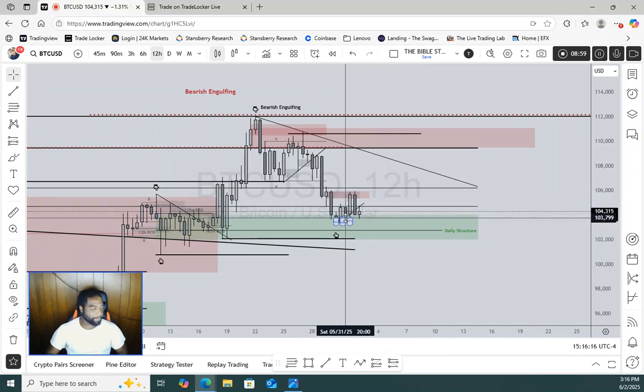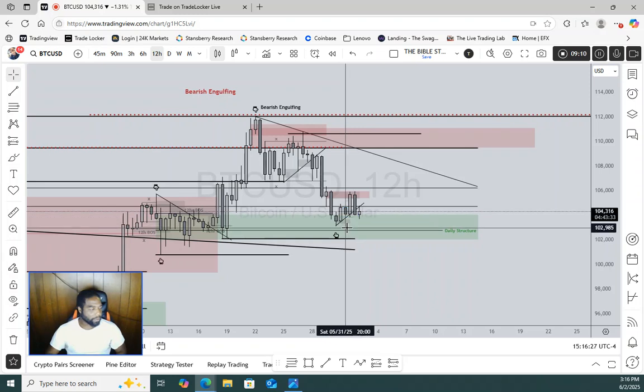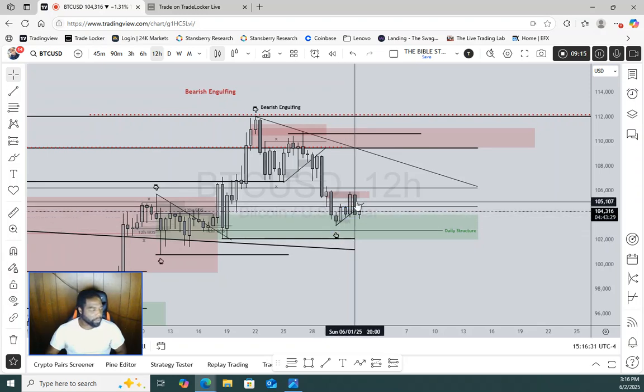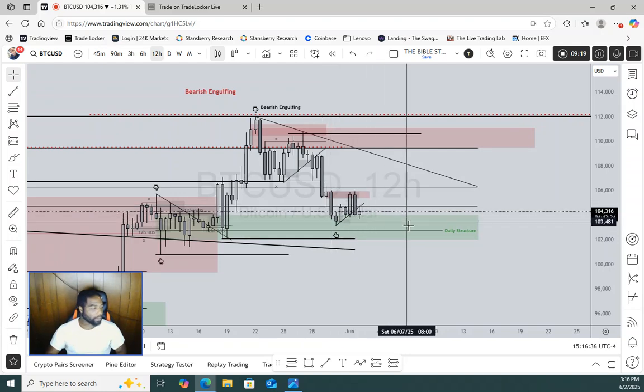But just analyzing this 12-hour price action, price created this bullish price action, which was a retracement. You get what I'm saying?